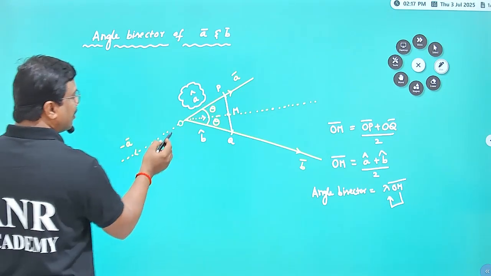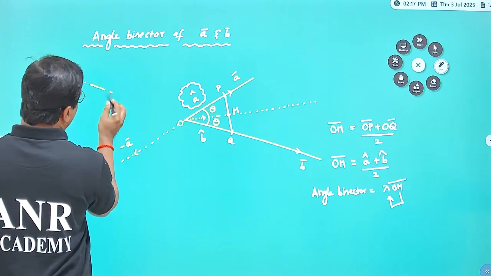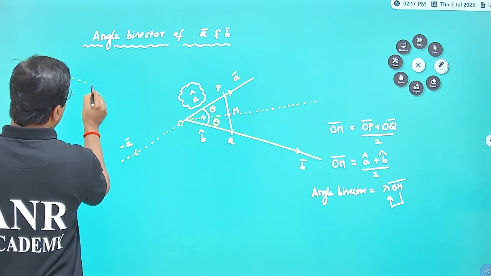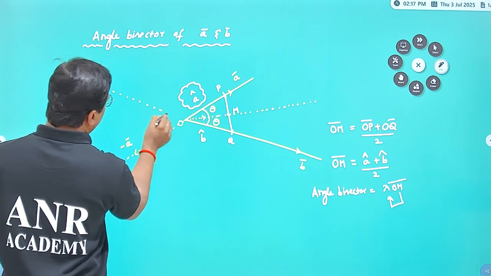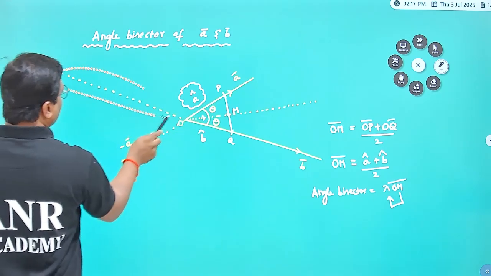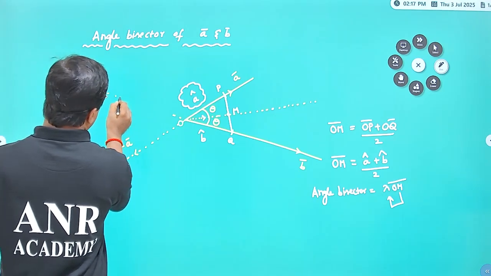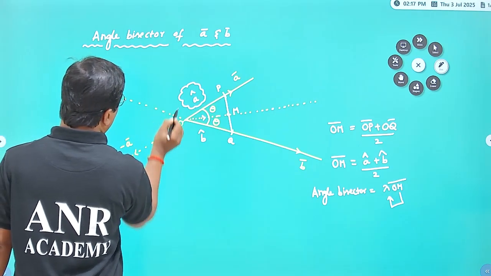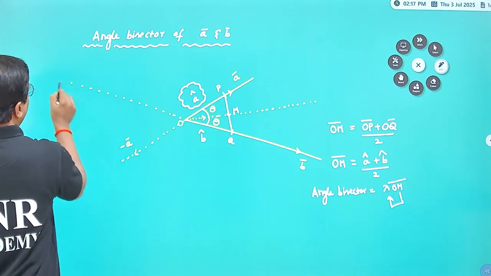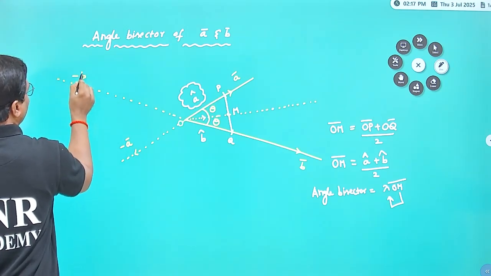Next, opposite to the direction of B bar, if you select a vector just opposite to the direction of B, another vector I am going to select, this is clearly minus of B bar.